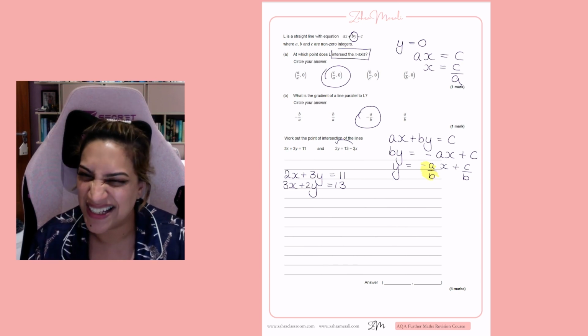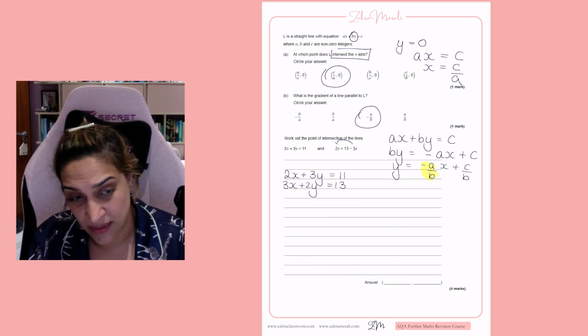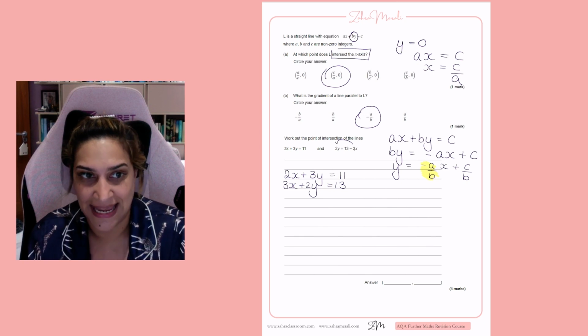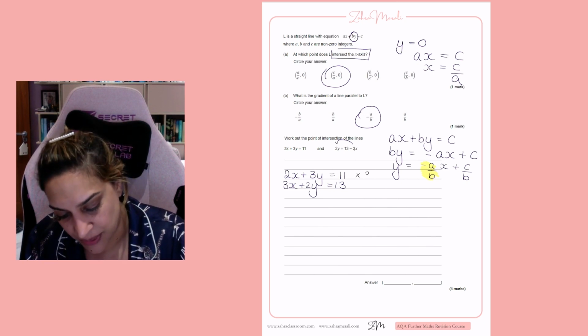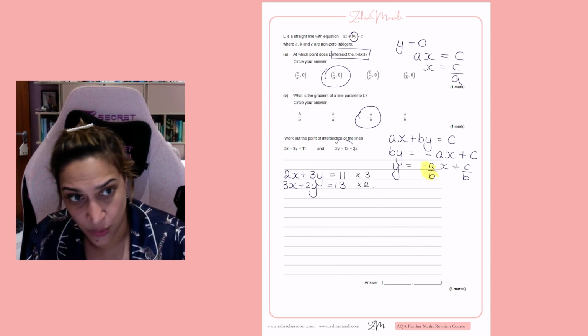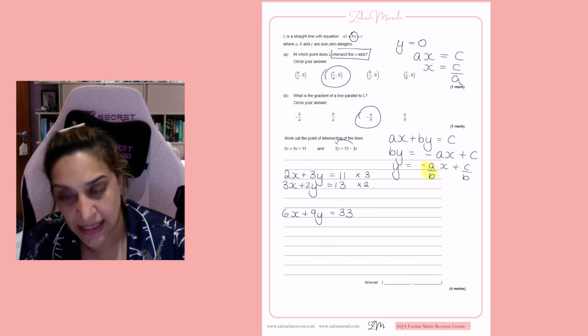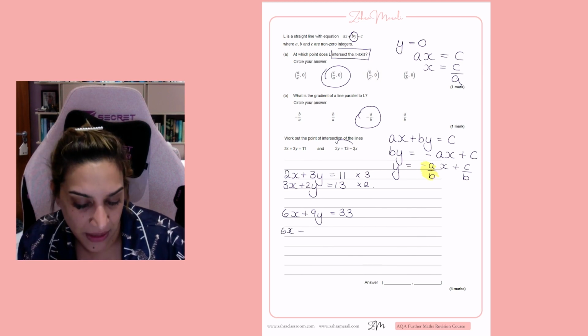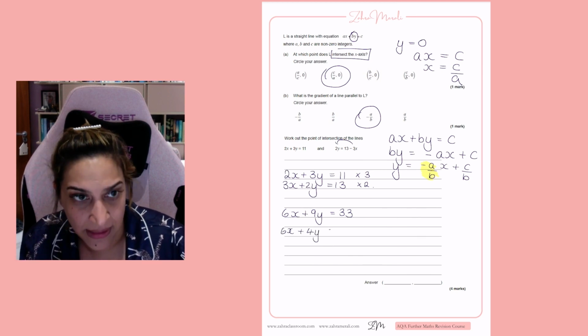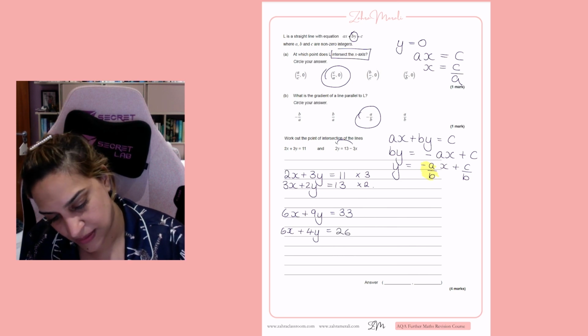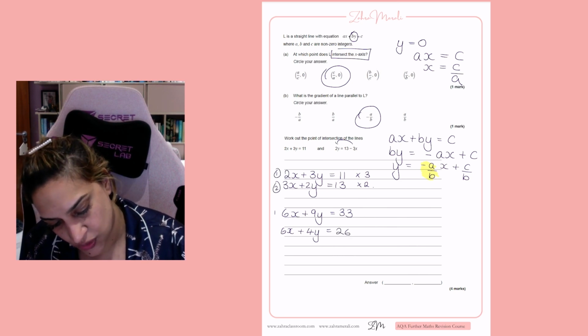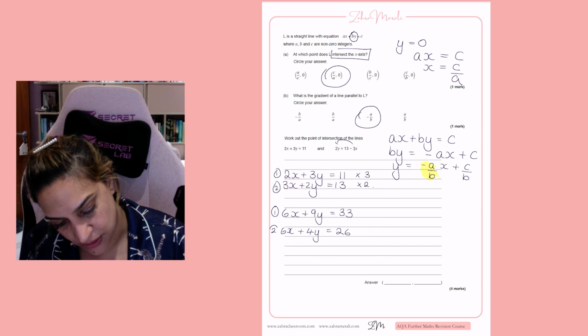We want either the x's or the y's to be the same. So I'm going to make the x's the same. I'm going to times this one by 3 and this one by 2. So I'm going to get 6x plus 9y equals 33 and 6x plus 4y equals 26. So that's my new 1, my new 2.